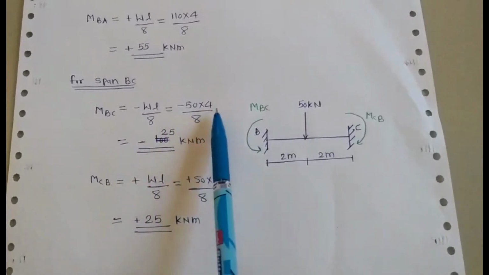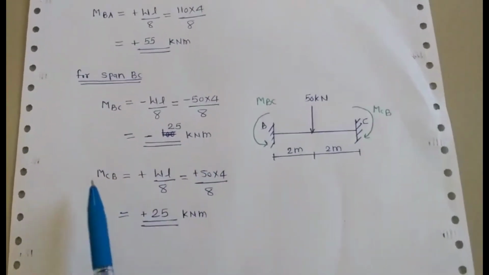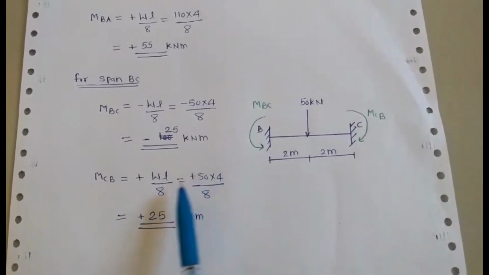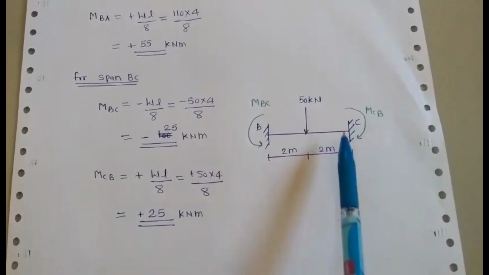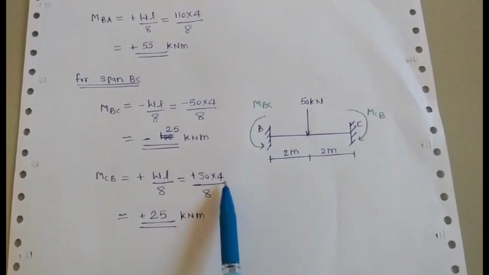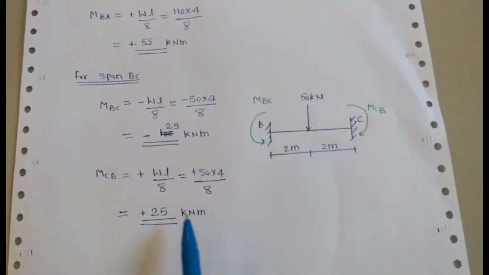So 50 into 4 divided by 8, so you will get minus 25 kN meter. And MCB is equal to plus WL upon 8, plus because of the clockwise movement, MCB is clockwise, so W is the concentrated load, that is 50, into 4 span divided by 8, you will get 25 kN meter.